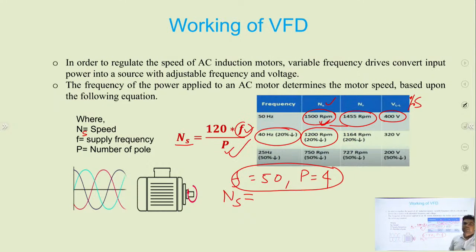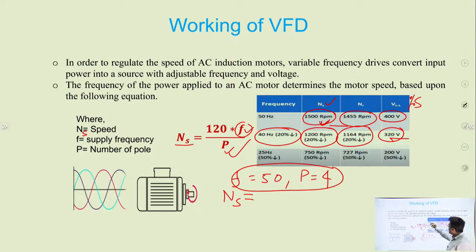The rotor speed is also reduced by around 20%, not exactly, it will vary. The voltage will also reduce by 20%, to 320 volt.